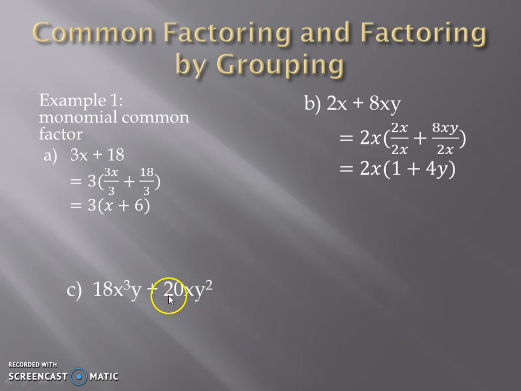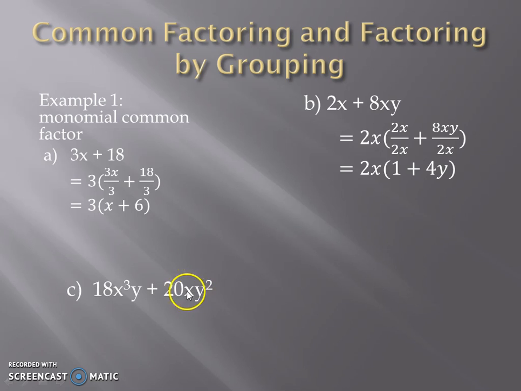Well, we have to find variables that can divide both of these. So let's look at the lowest variable. The lowest variable in this one is a y. Is it also the lowest variable in here? Yep, because you can divide y to the exponent 2 by y, and that would make it just y. Alright, what's the lowest exponent of x?